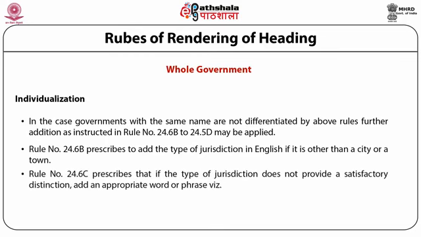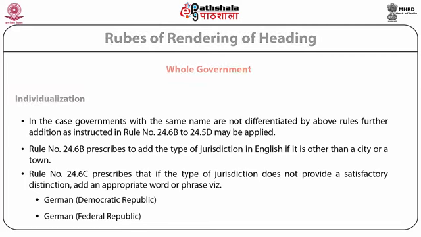Rule number 24.6C prescribes that if the type of jurisdiction does not provide a satisfactory distinction, add an appropriate word or phrase. For example, Germany (Democratic Republic), Germany (Federal Republic).